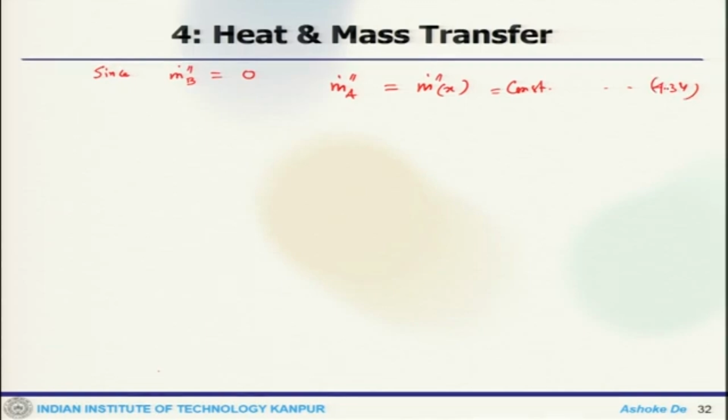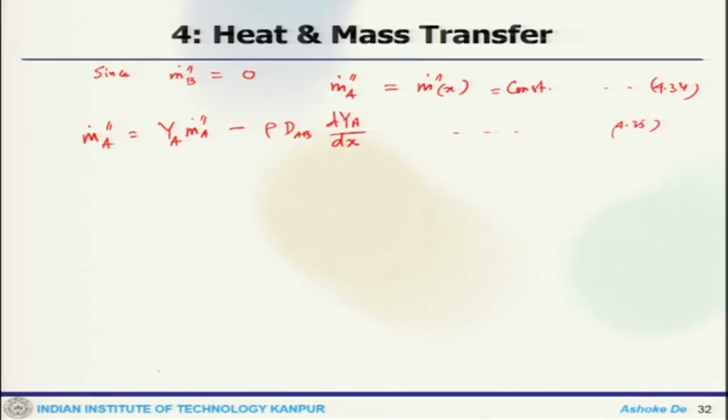Okay. Now, we have already seen that m dot A is y A times m dot A minus rho D A B d y A by d x. This is already established.